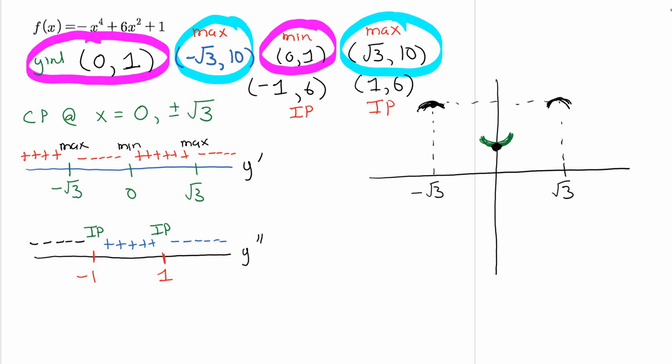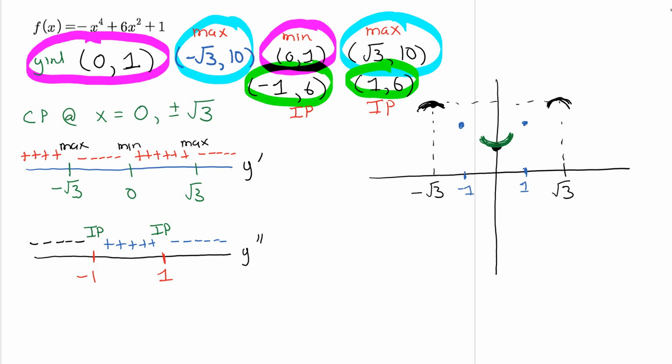So something like that. Okay. And then at the points -1, 6 and +1, 6, I have an inflection point. So -1 is about there, and so an inflection point there. And here's +1, and that means there's an inflection point roughly there.